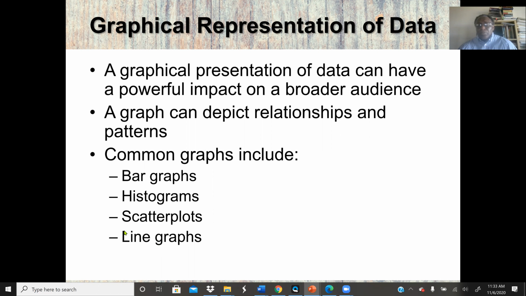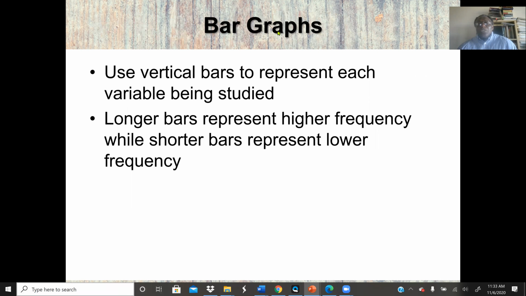The only difference is that in a scatterplot the points are not connected together, but with a line graph the points are connected by a line. So we start with the bar graph. Again, why do we use graphs in research work?